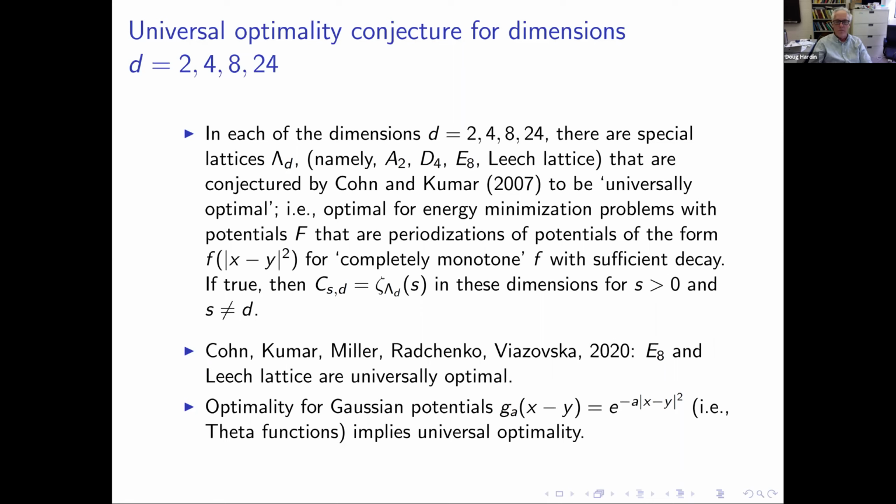And I do want to mention that one way to formulate universal optimality is that configurations are optimal for Gaussian potentials, or in the periodic setting, are optimal for theta potentials for all A positive.